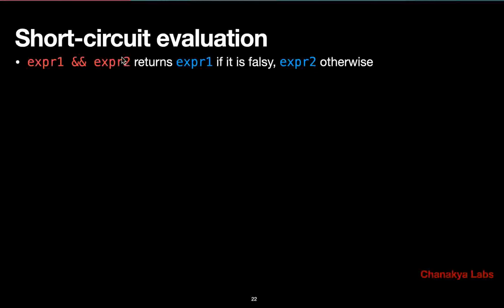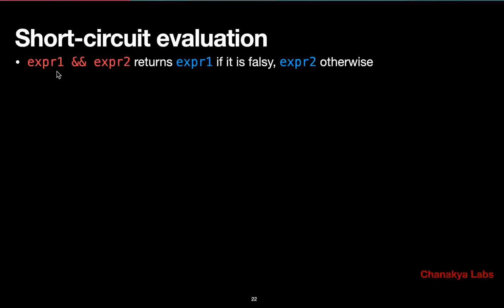And based on whether that next one is truthy or falsy, the whole thing is decided. But if this thing is falsy, then definitely I will return this. Then the whole thing is falsy, and this thing is falsy. So this falsy expression represents the value of the whole thing.